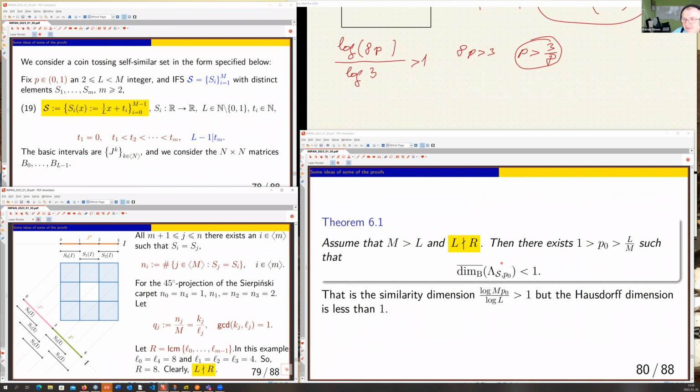And if this assumption holds, then the box and in this way the Hausdorff dimension. So you have M, which is the number of squares, and this is bigger than L. This assumption makes it possible that here in the space you have a set of dimension bigger than 1, and this is this technical assumption that I explained over there.